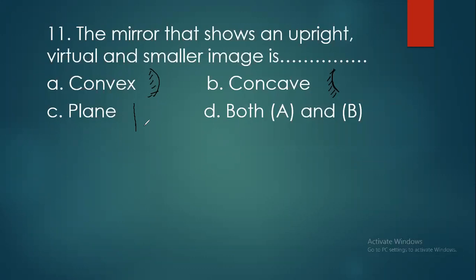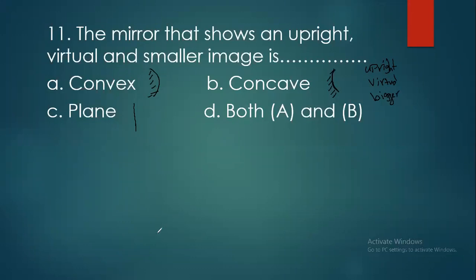So which one of them makes upright, virtual, and smaller image, right? Concave mirror, it can make upright, it can make virtual, but in case of a concave mirror, it can make only bigger image, right?